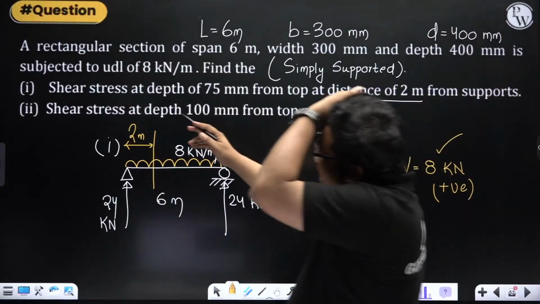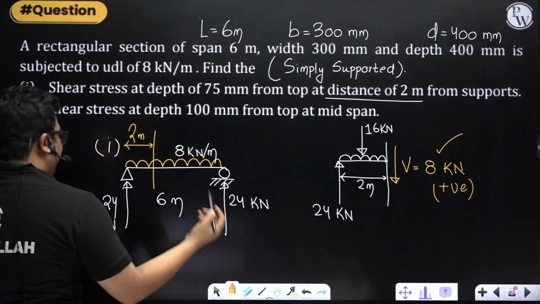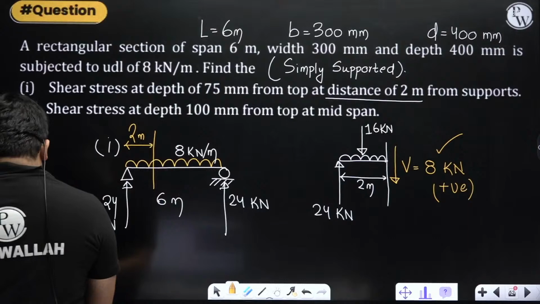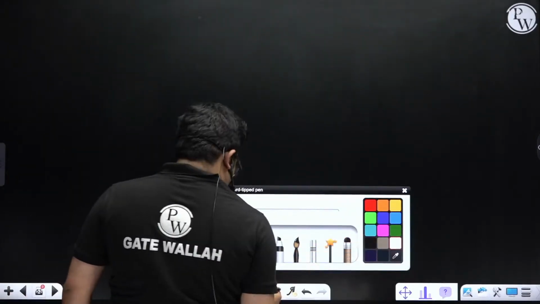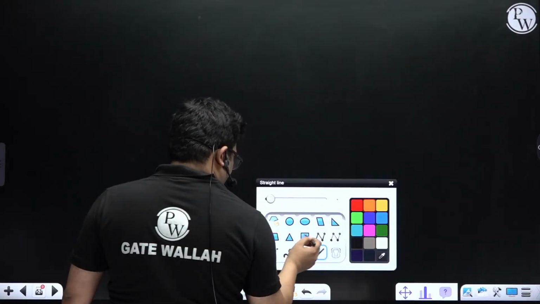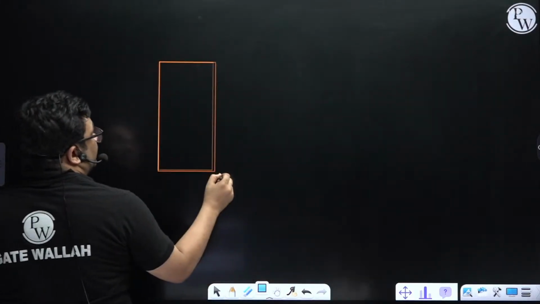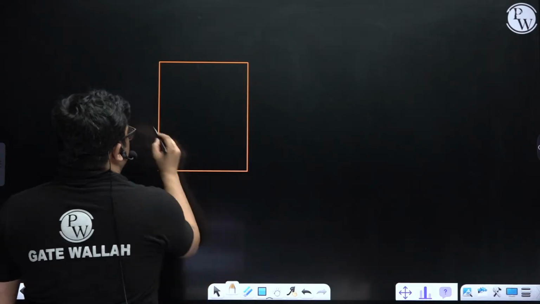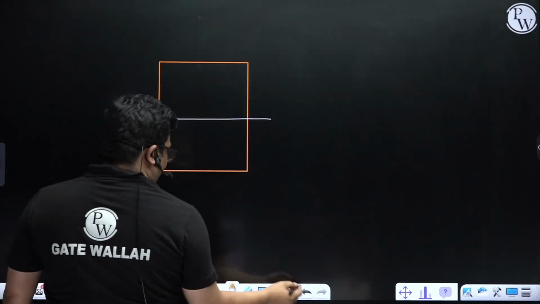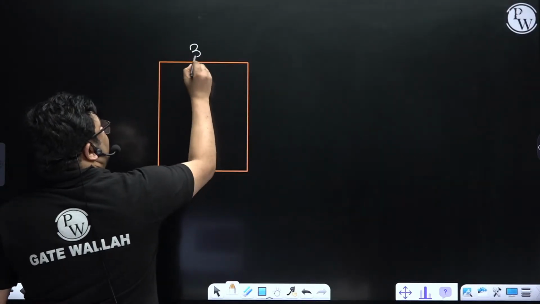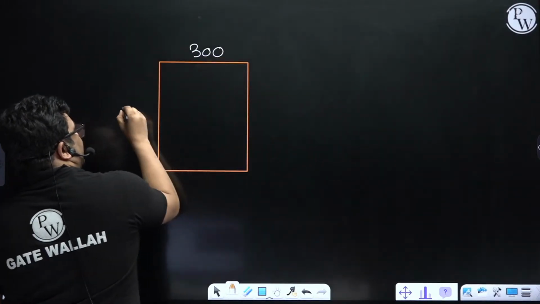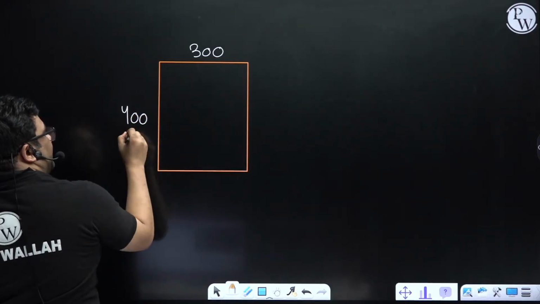Now what is that? Shear stress at a depth of 75 from top, 300 and 400. You see, what is the meaning of this? Depth is 400, width is 300, right? Very good. So this is 300, this is 400, right?